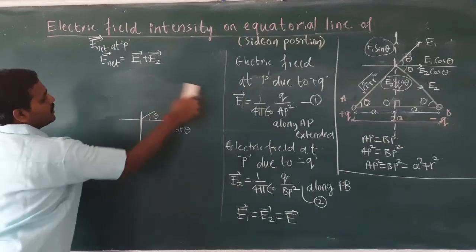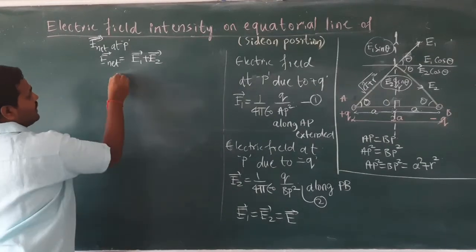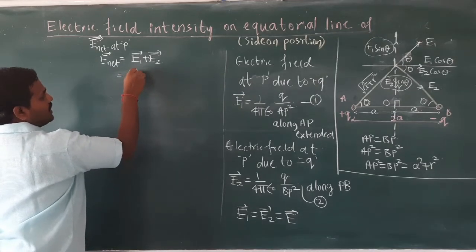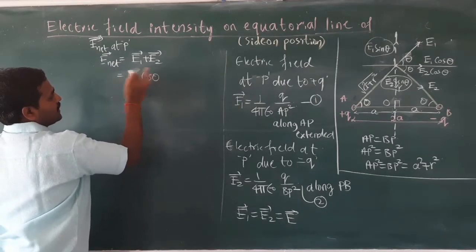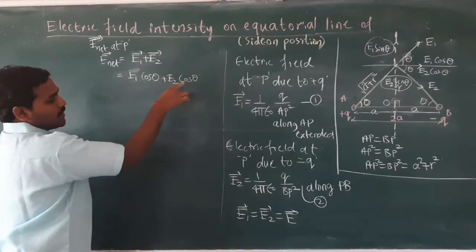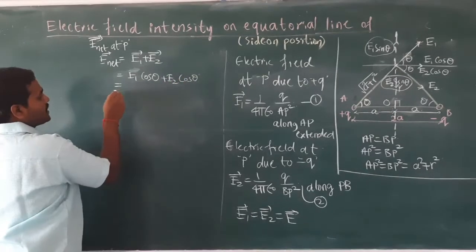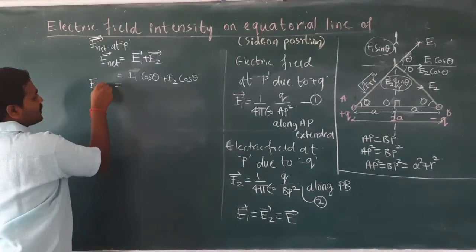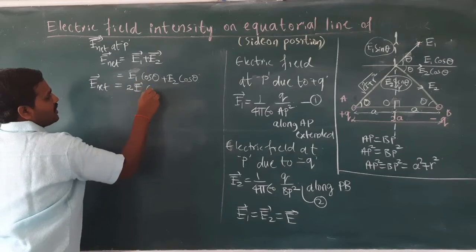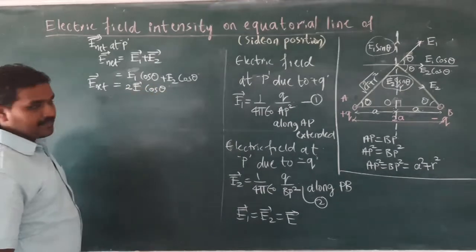So here the vector sum is equal to the sum of E1 cos theta and E2 cos theta, and we know E1 is equal to E2. When I substitute both the values, I can write E net is equal to 2 times E cos theta.